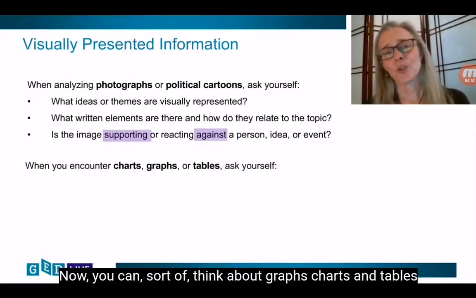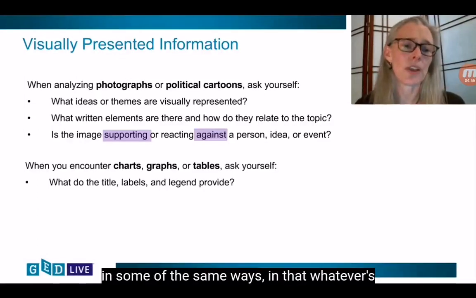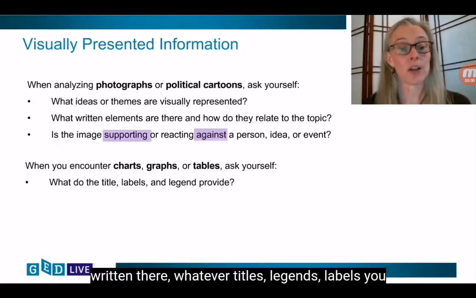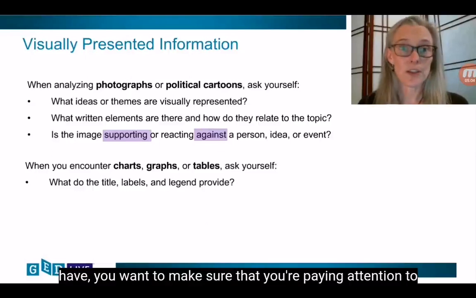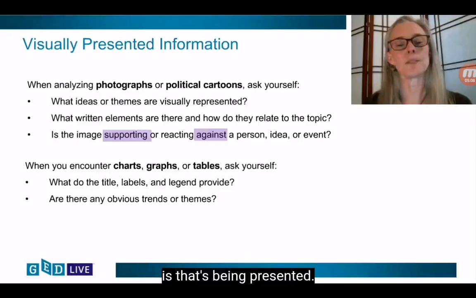Now, you can think about graphs, charts, and tables in some of the same ways, in that whatever's written there, whatever titles, legends, labels you have, you want to make sure that you're paying attention to them, using them to understand what the information is that's being presented.